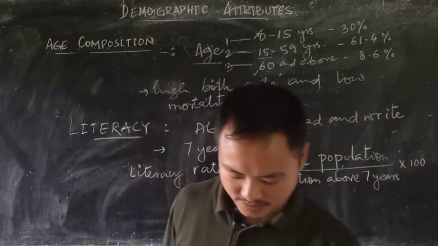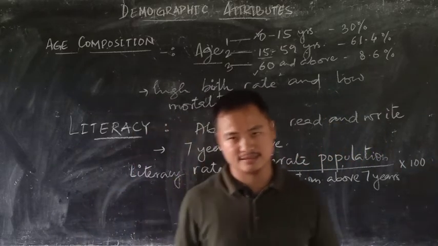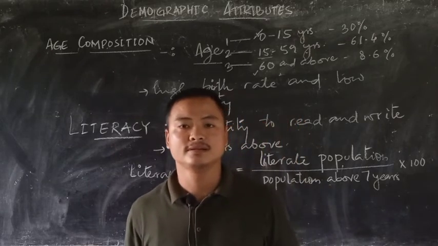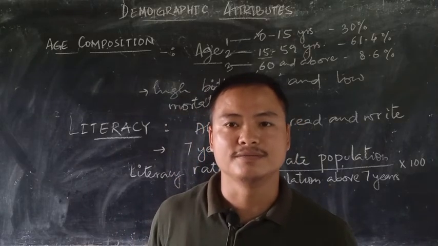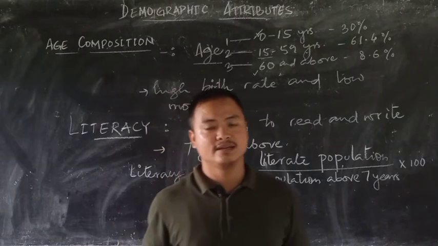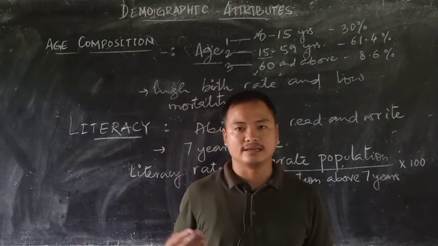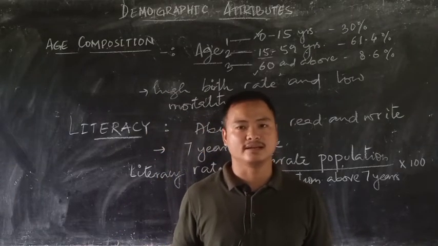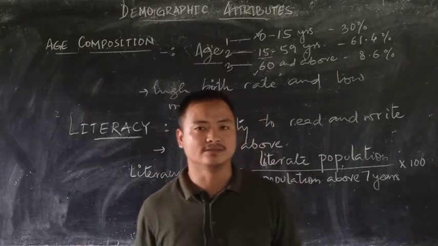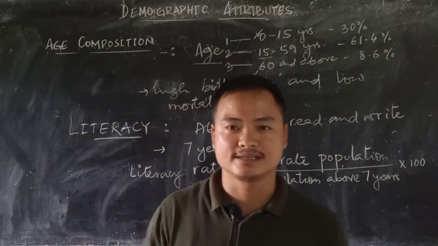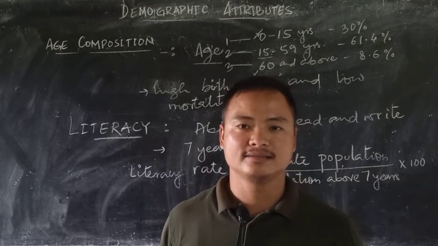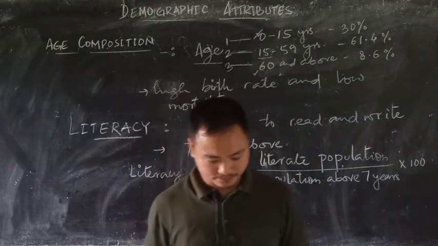So, this is known as literacy rate. If the population above 7 years of age is able to read and write, then the literacy level will be high. If it is less, then the literacy rate will be low.